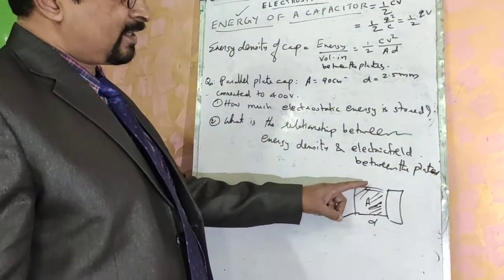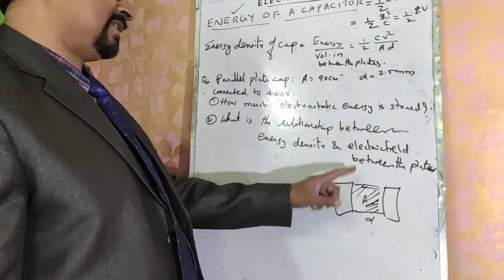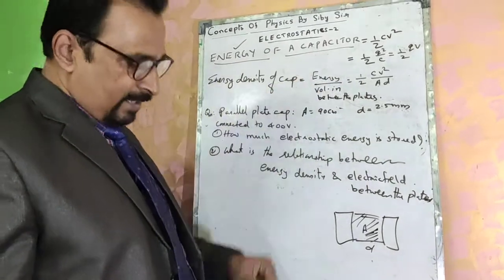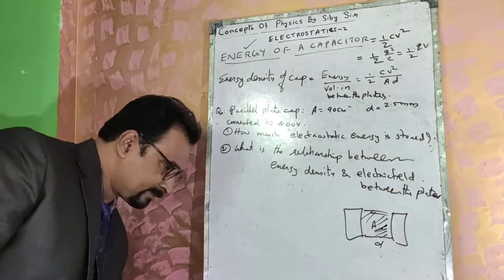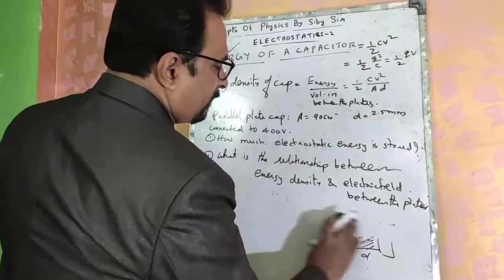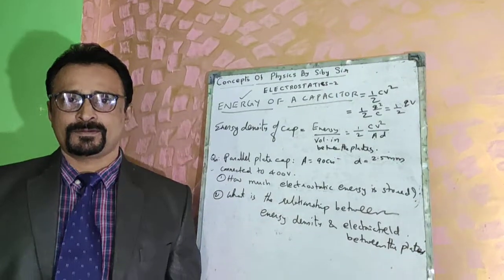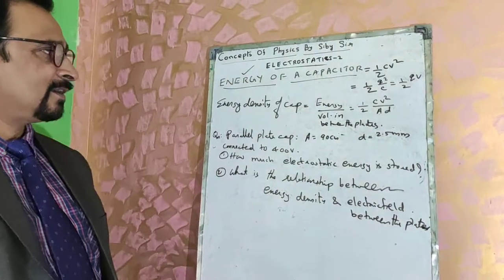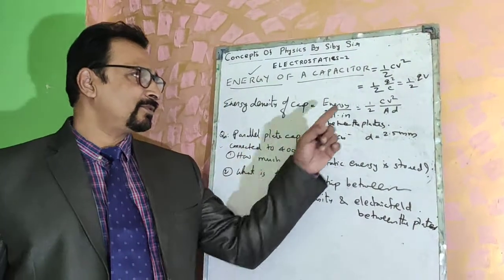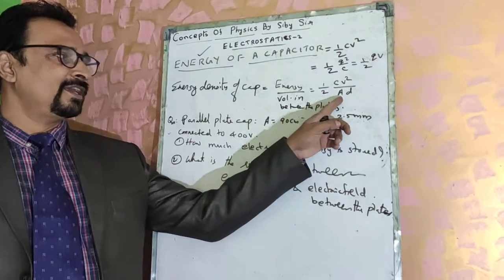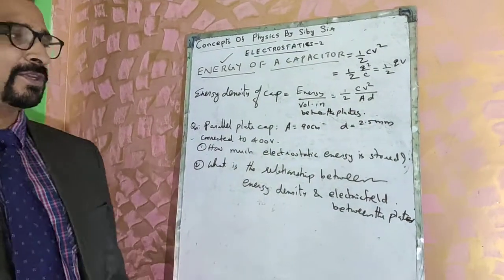So total energy divided by volume between the plates is called energy density of the capacitor. Therefore you can write energy density of the charged capacitor is equal to half CV square divided by area of the plate into distance between the plates.